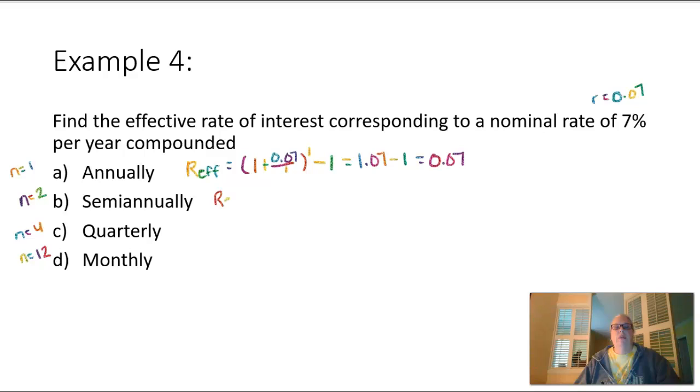Alright, so the effective interest rate is going to be 1 plus 0.07 divided by 2 to the second power, and then minus 1. And I'm going to put this all in the calculator at one time.